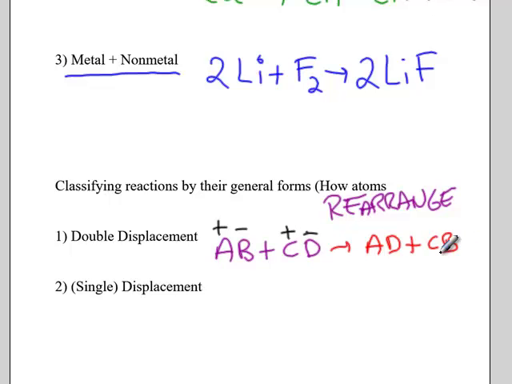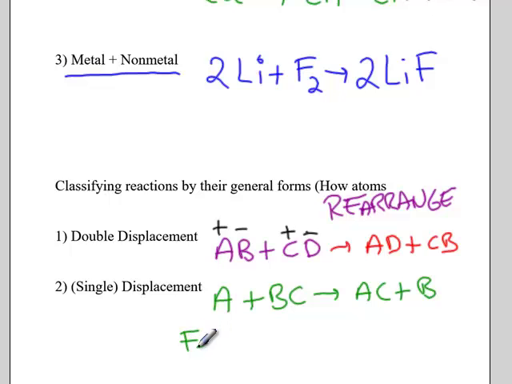That's a double displacement reaction, but you can also have a single displacement reaction. So in this example, we have one element A reacting with a compound BC, and basically the A pushes the B out of the way, and now we have a product. A is paired up with C, and B is on its own.